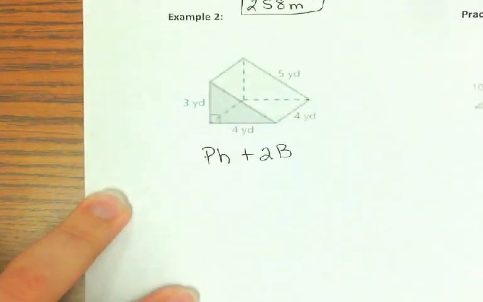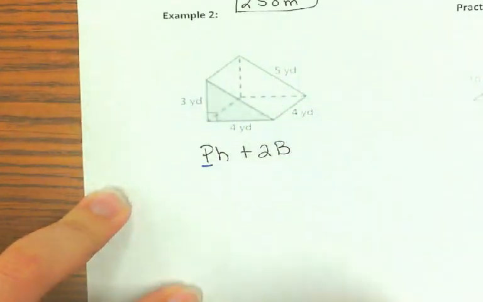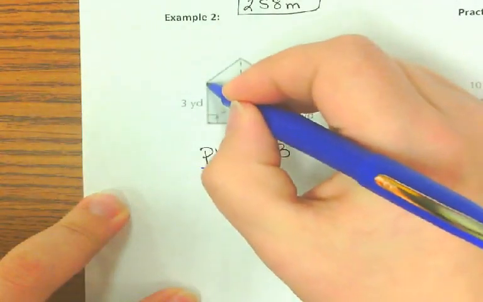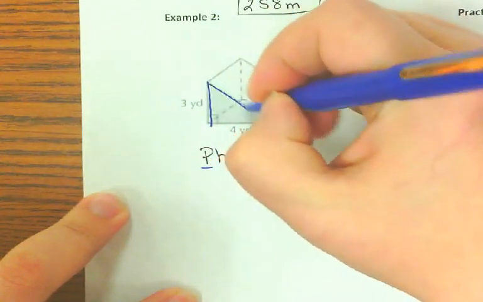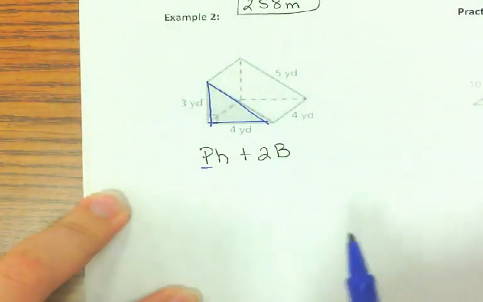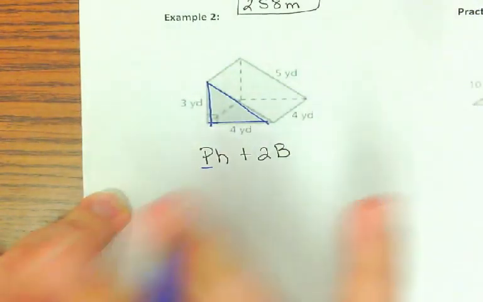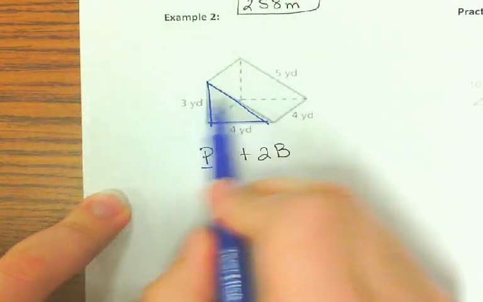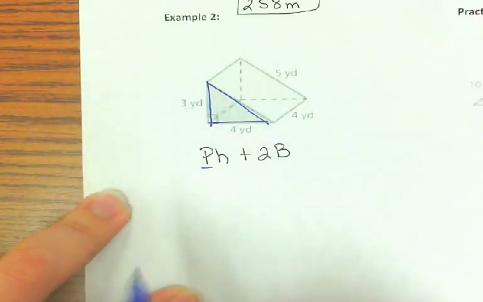This time, my perimeter of my base is going to be this triangle. It's not going to be the bottom side that it's sitting on. They put the triangular prism on its side, so the triangle is my base. Remember, whatever you are naming the shape is what the base is.